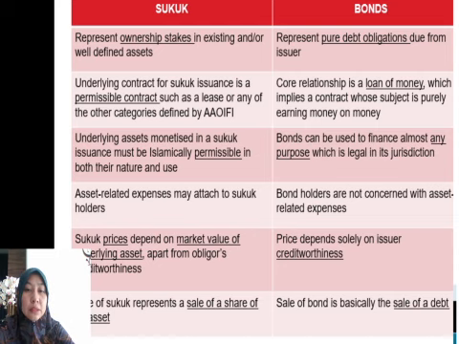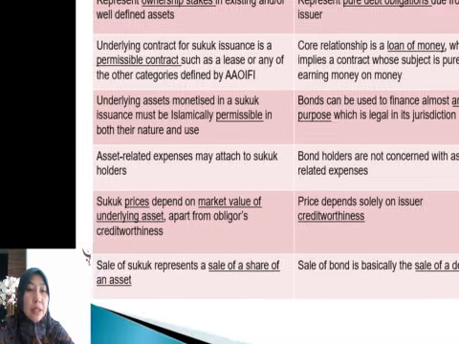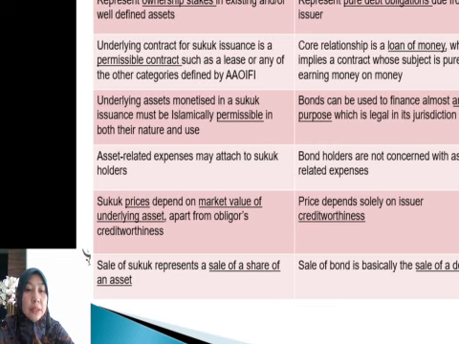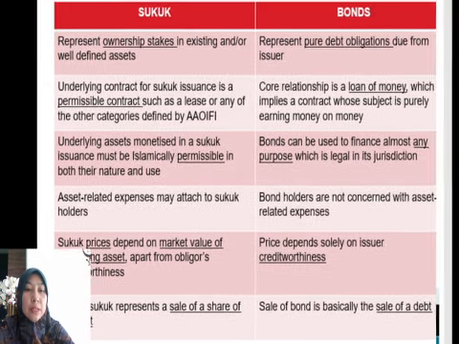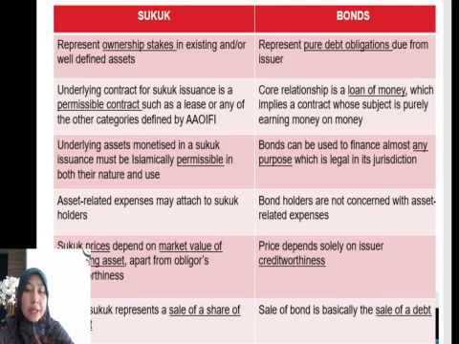The issuer is the business that collects money for the investment. The sale of sukuk represents a sale of a share of an asset, while the sale of a bond is basically the sale of debt. If you want to sell the bond certificate, we sell the debt, but for sukuk it is actually the sale of a share of an asset.